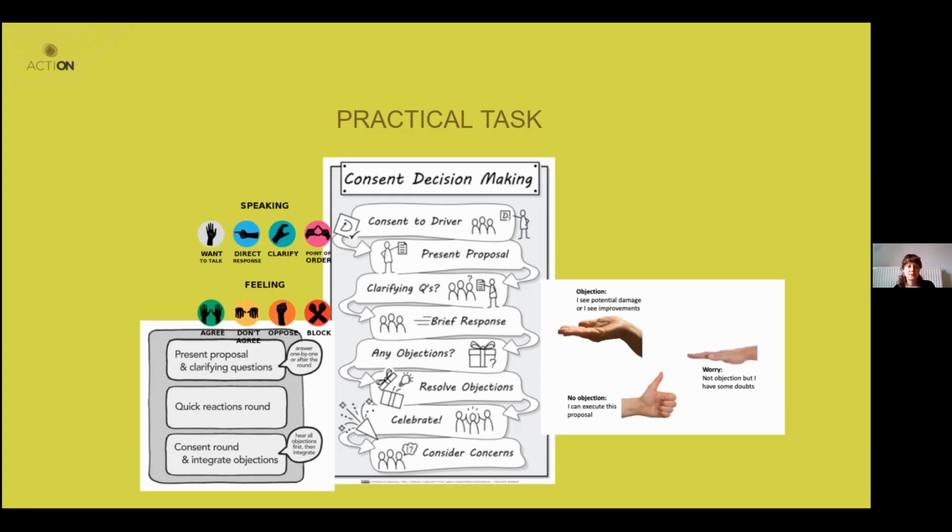If there are no objections, then the decision has been made and can be celebrated. And then at a later stage, it would follow the practical integration of how to do the stuff, but this is just to make a decision.